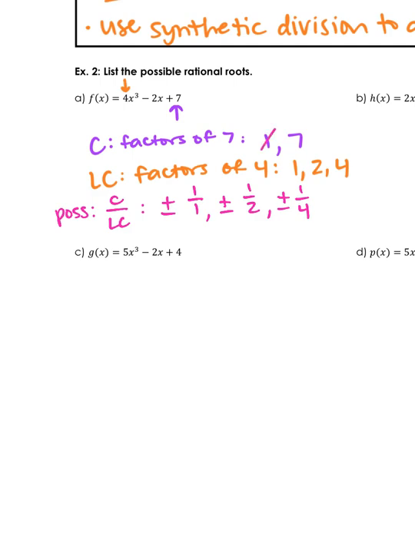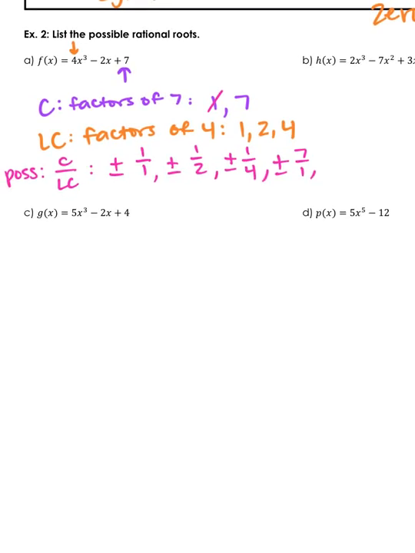Once I've done those, I usually scratch out that one and move on to the next constant factor. So plus or minus 7 over 1, plus or minus 7 over 2, and plus or minus 7 over 4.